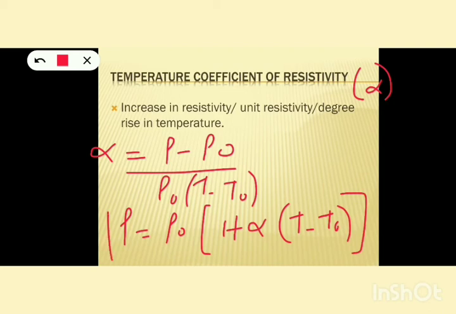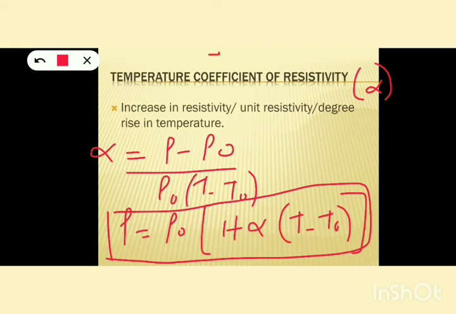So you must remember this expression for resistivity as well as alpha. Here rho is the resistivity at any given temperature T. Rho 0 is the resistivity at 0 degrees Celsius, alpha is the temperature coefficient of resistivity, and T is the given temperature. T0 is the temperature corresponding to 0 degrees Celsius.